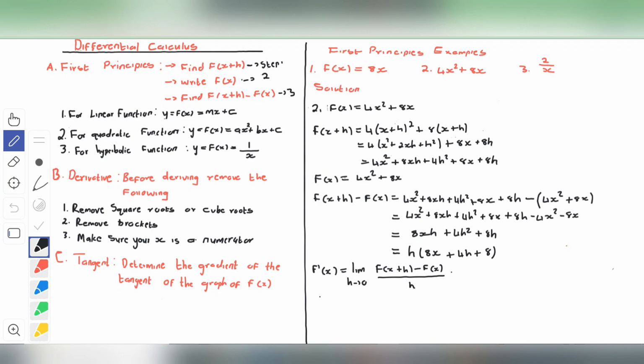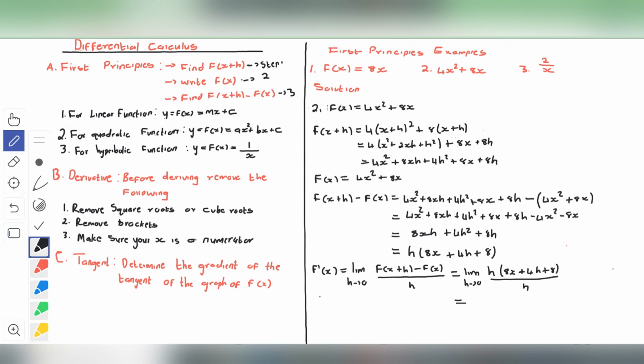And then now we're going to simplify. Okay, we need to write this down first. What is f of x plus h minus f of x? We did calculate it here and already took out the h as a common factor: 8x plus 4h plus 8, right? Therefore, all over what? All over h.